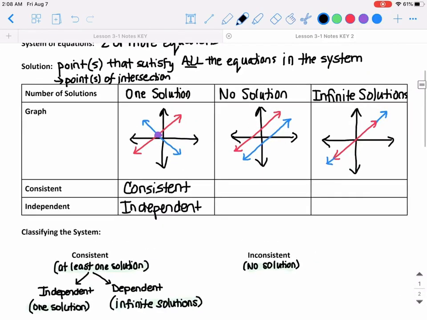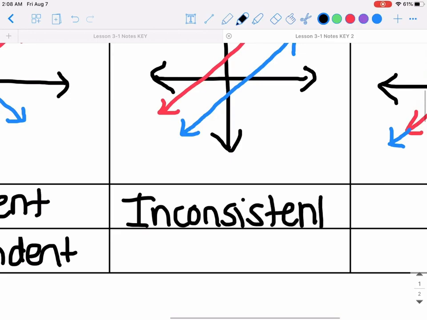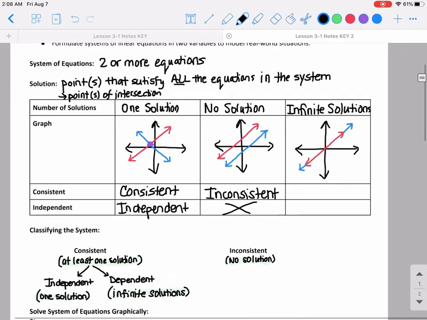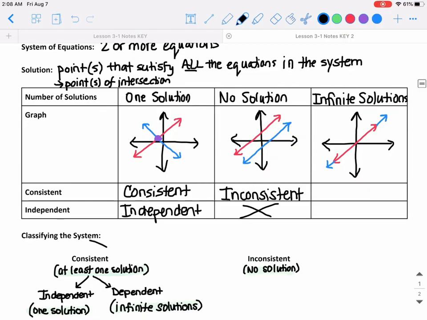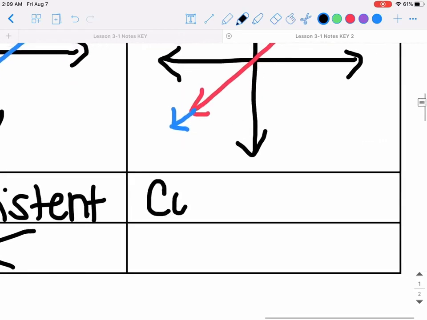For no solution, I would just put inconsistent. And I don't have to fill in this box. For infinite solutions, I know it's consistent and dependent.